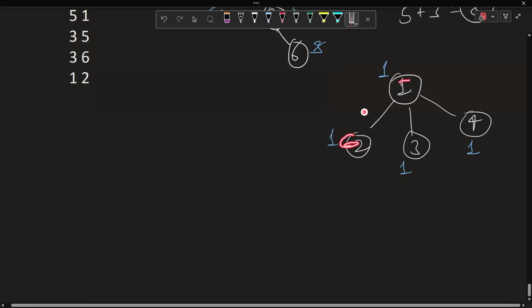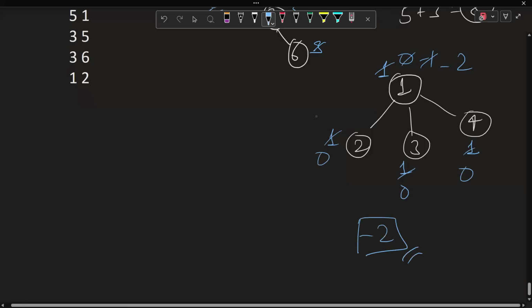If you strengthen this, the gold of this would reduce to 0. If you strengthen this, it would reduce to -1. If you strengthen this, it would reduce to -2. And if you strengthen this, all these gold would reduce to 0. Final number of gold you have is -2. So it was better if you don't strengthen anybody, you would get 0. 0 is still better than anything negative.